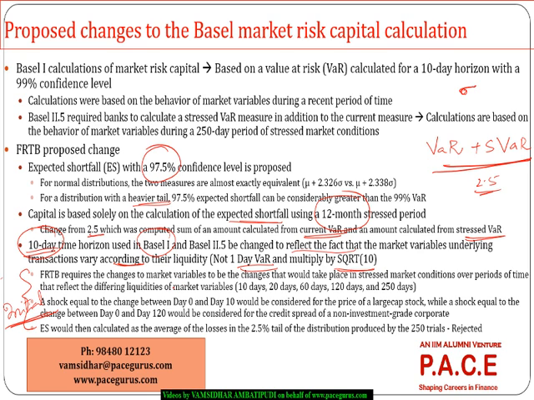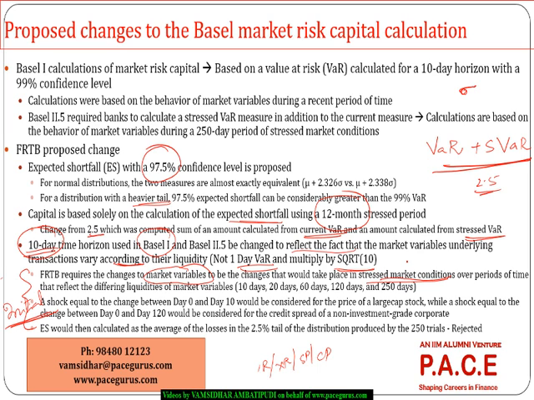We'll talk about the better solution also, but initially it said that each of the market variables, and when I'm saying market variables, they could be interest rates or exchange rates or stock prices or commodity prices, whatever it is, the changes to the market variables are to be the changes that would take place in stressed market conditions.